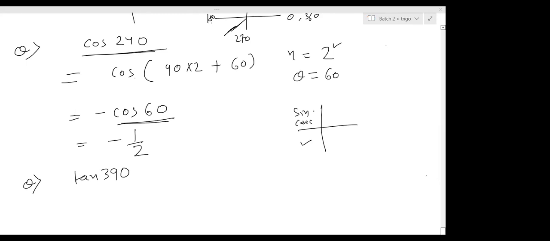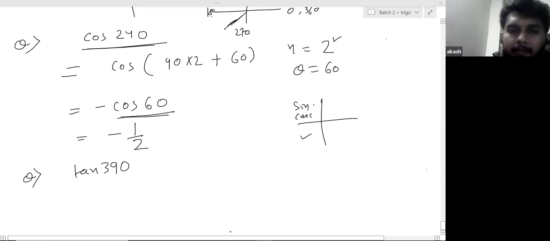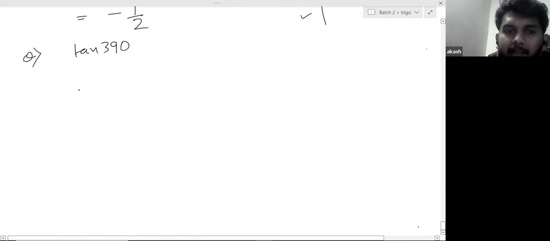Rahman, Mazia, have you solved this? Okay, let's see. All right, I got 3 different answers. 390.